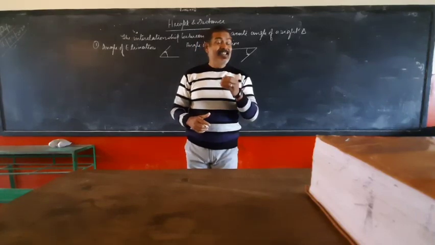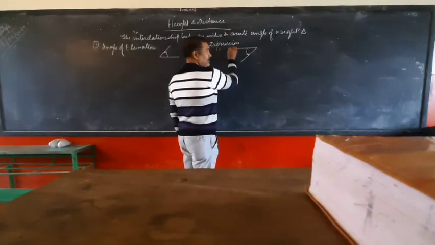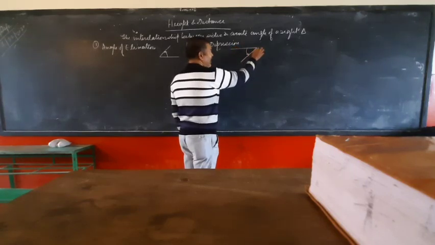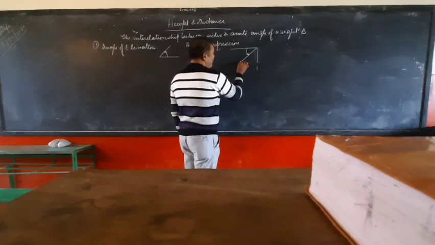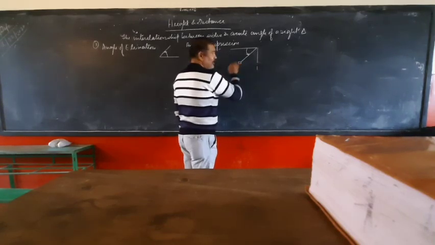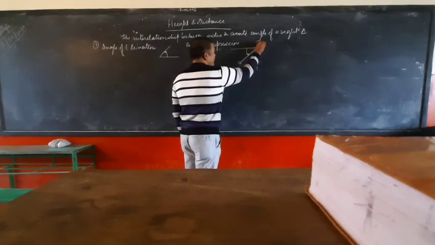Then when you measure the angle of depression, suppose you are standing here, you are standing at some height, आप एक height पर हैं यहाँ पर, and you can see one of your friends at this point. Then you are at this point, आप यहाँ पर हैं, you are on the top.